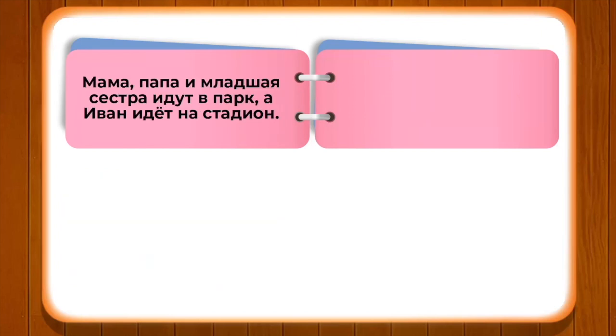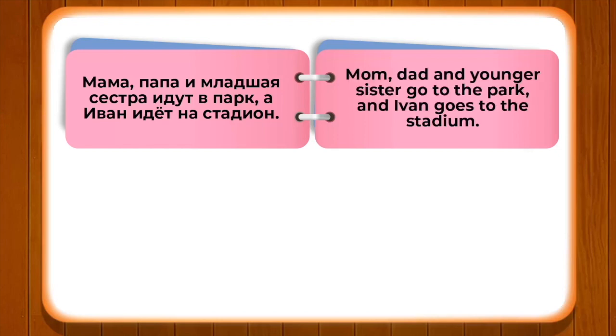Мама, папа и младшая сестра идут в парк. Mother, father and younger sister are going to the park. Идут куда? Идут в парк. That is why the ending of park does not change because it is in the verbs of motion.